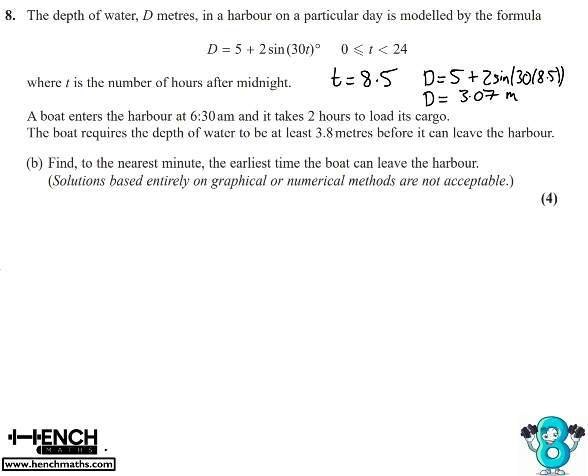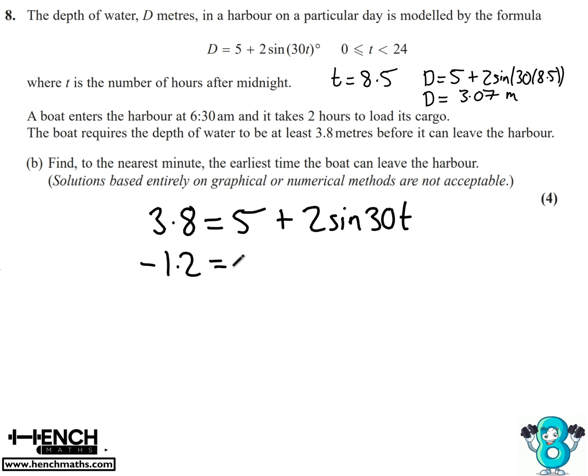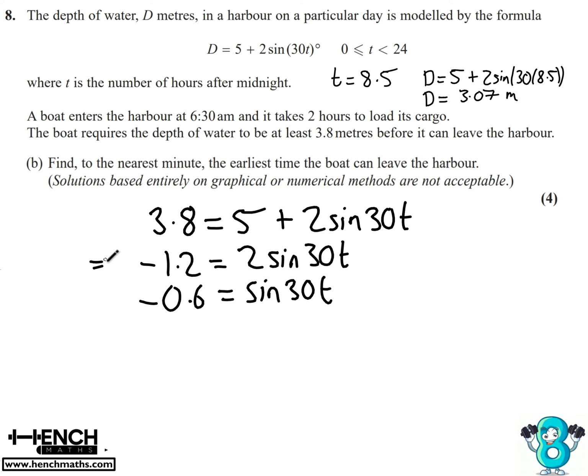We need the depth to be 3.8 meters. So if we say that 3.8 equals 5 plus 2 sine 30t, we're going to try and rearrange this to find t. If we subtract 5 over, we're going to get negative 1.2 is equal to 2 sine 30t. So negative 0.6 is going to be equal to sine 30t.